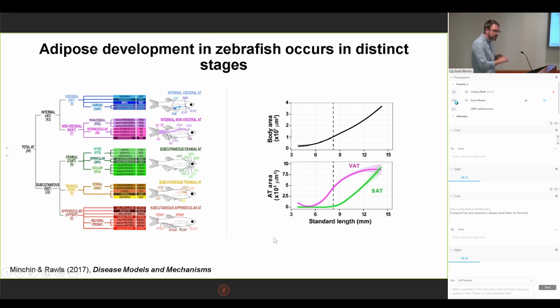But if we look at the growth of the different adipose tissues, you can see that visceral adipose tissue appears first, but undergoes this very quick expansion that slows and plateaus out to essentially not growing at all. And then complementary to that, subcutaneous adipose tissue appears slightly later, but as the growth of visceral adipose is slowing, subcutaneous adipose tissue is expanding at a very fast rate and quickly catching up.